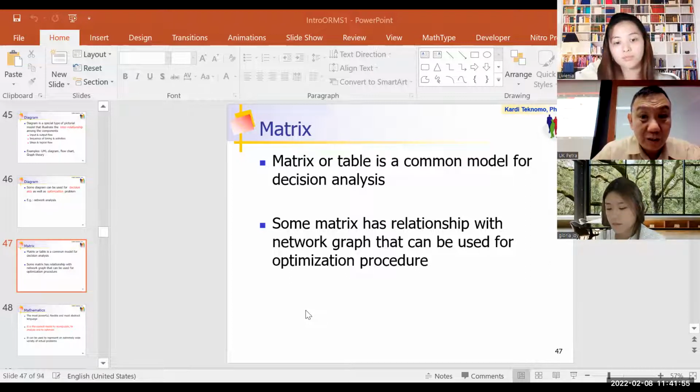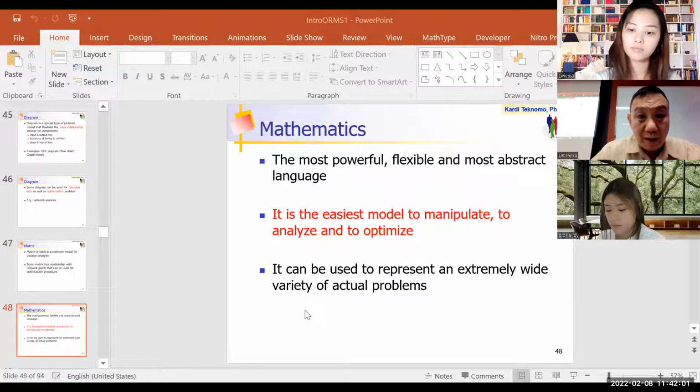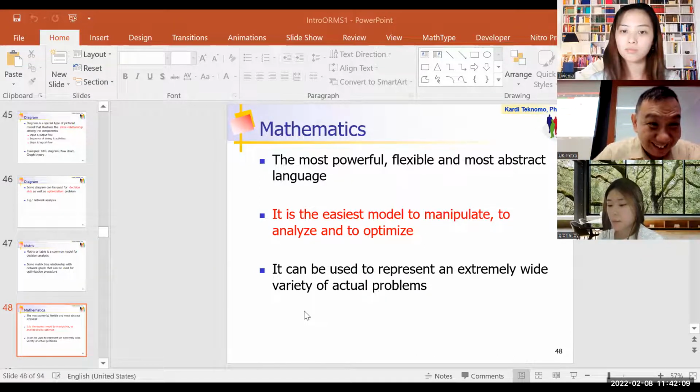This is again a common model for decision analysis that can be used for optimization. The most powerful abstract model is called mathematics. Why? Because mathematics is a very flexible, abstract language.